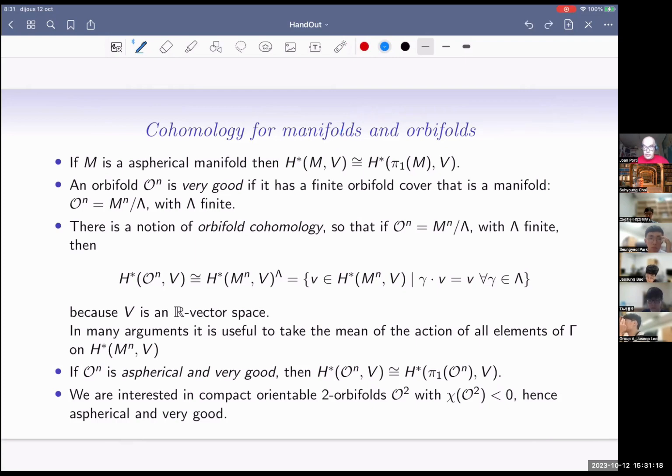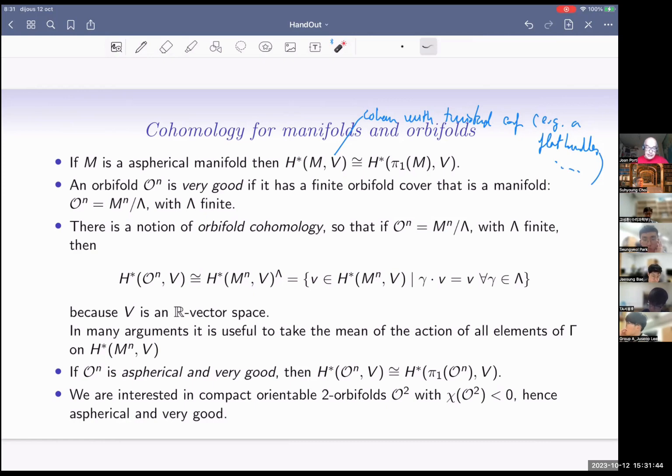There are many ways to compute this cohomology with twisted coefficients, for instance a flat bundle, etc. There are many ways this cohomology can be computed.